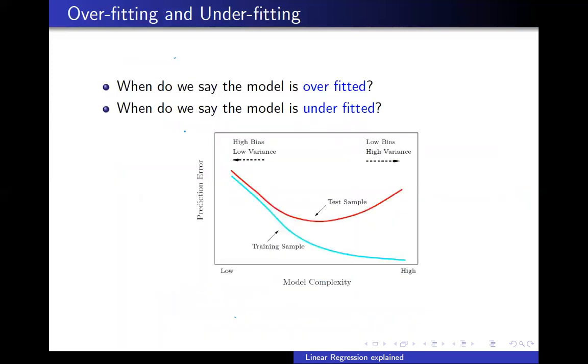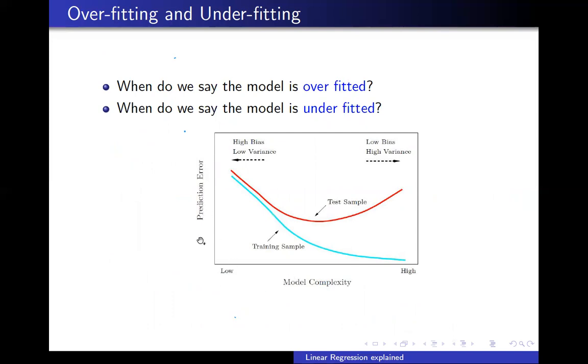To represent this in a more pictorial manner, think about the x-axis as increasing model complexity. In the generalized linear regression setting, the model becomes more and more complex if you add more columns in your design matrix, where individual columns represent, say, a complicated nonlinear function.